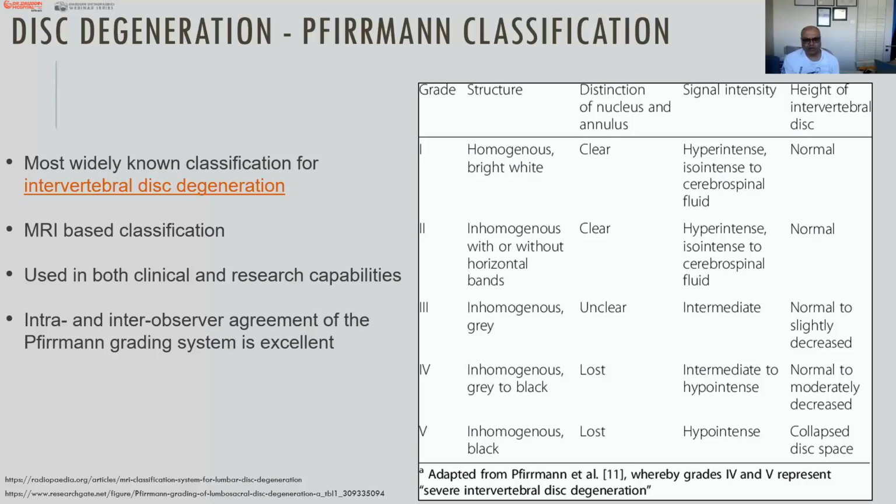So basically 1 and 2 are healthy discs, 3 and 4 are early disc degeneration. Phase 5 is collapsed disc, which is in the Kirkcaldy-Willis cascade. It is the last stage, which is equal to spinal stenosis.